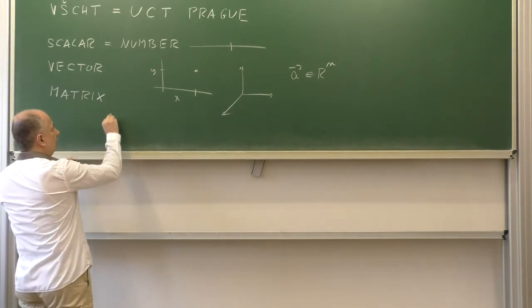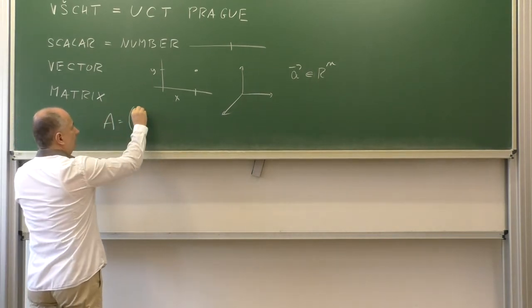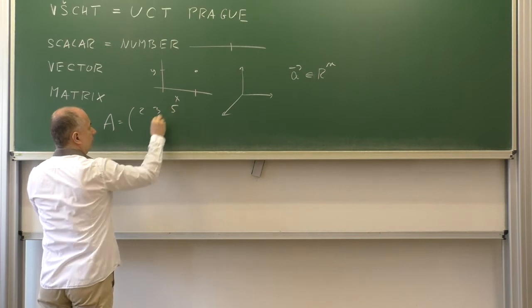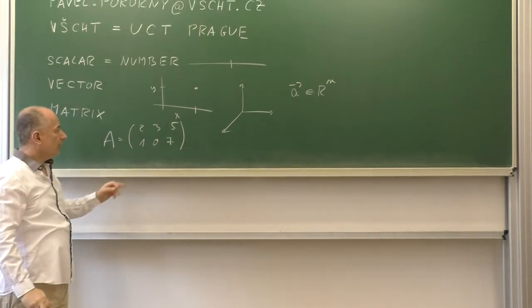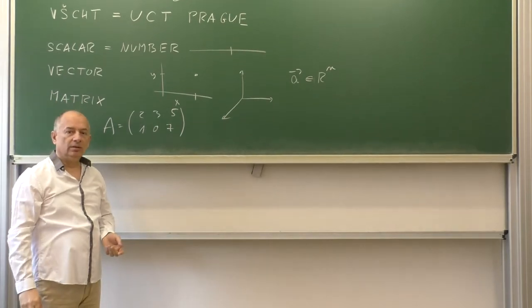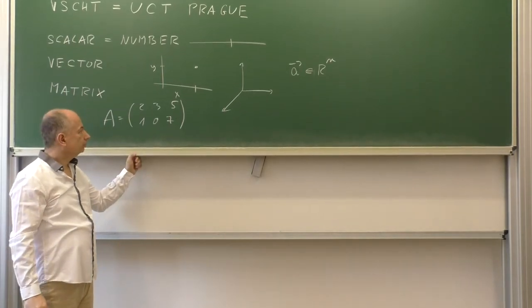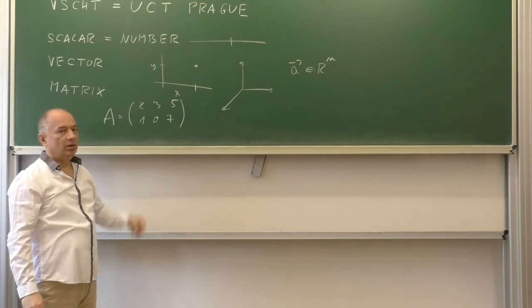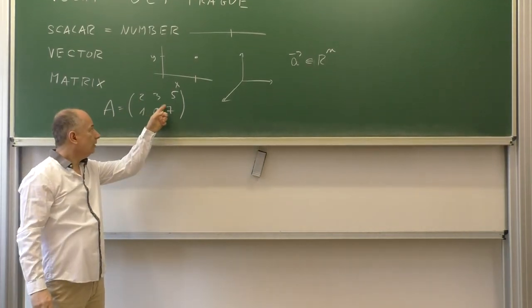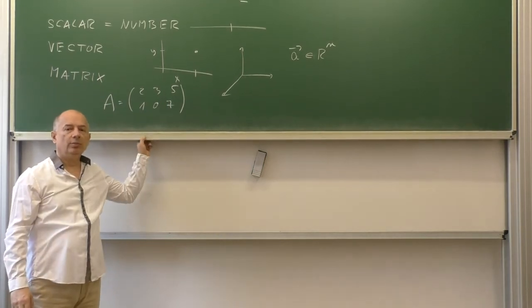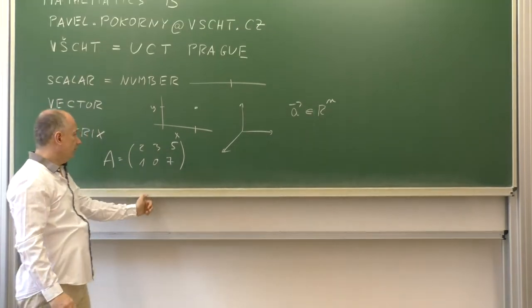An example of a matrix may be like that, 2, 3, 5, 1, 0, 7. This is an example of a matrix which has 2 rows and 3 columns. And the individual entries of a matrix will usually be real numbers.